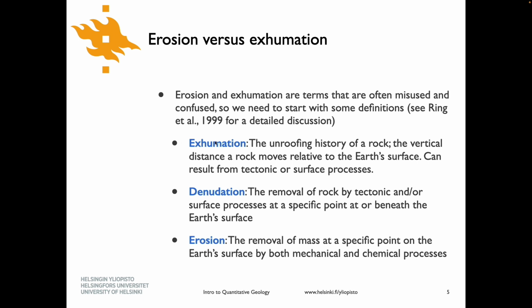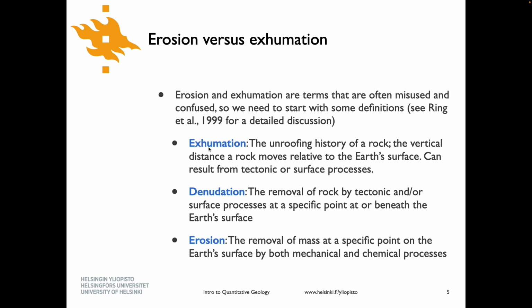I have one slide here that's from a kind of old paper now, but just defines some of these different terms in case you're curious. At the time, there was a kind of tendency that scientists were using these three terms, exhumation, denudation, and erosion, kind of interchangeably, but each of them do have proper definitions.